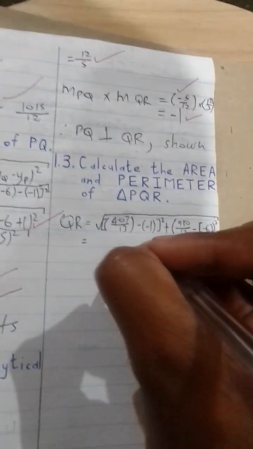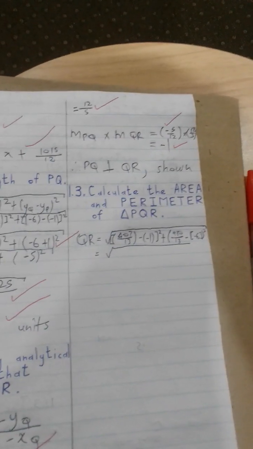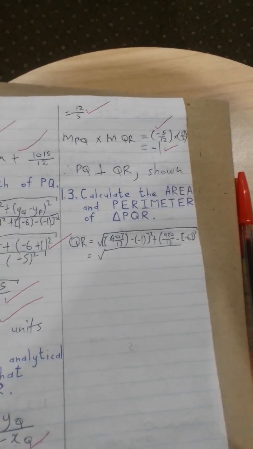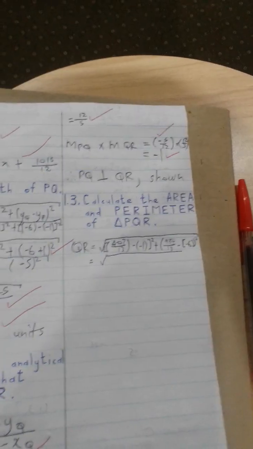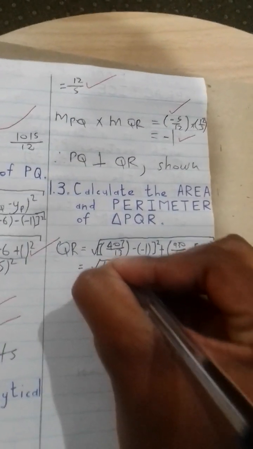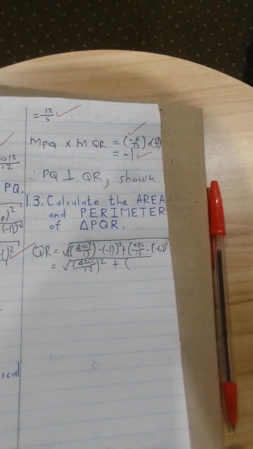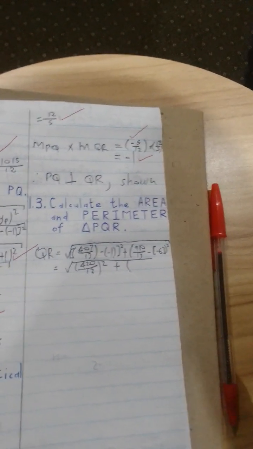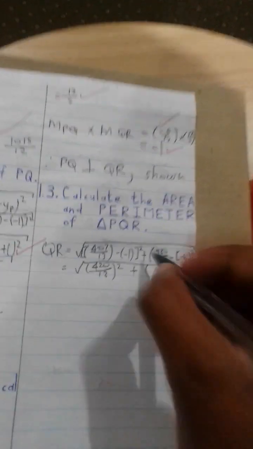So this is going to be, what is 407 over 13 plus 1? Negative times negative is positive, 420 over 13, squared, plus 930 over 13 plus 6 is 1008 over 13.